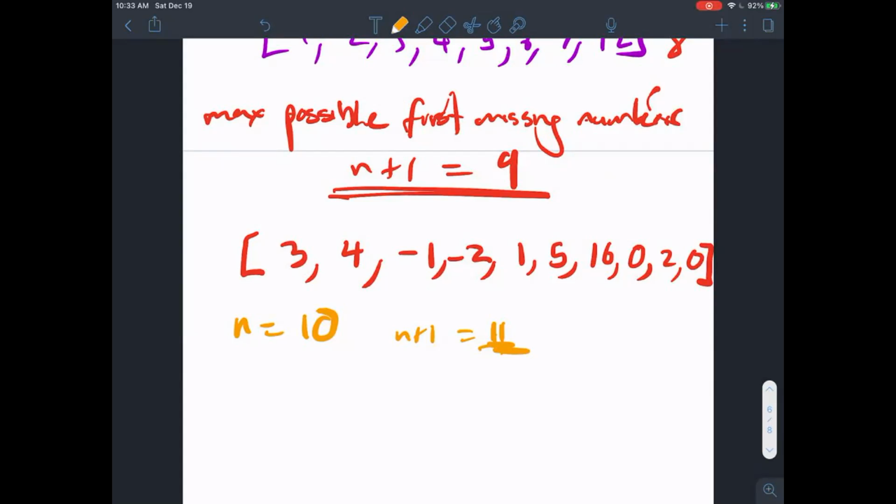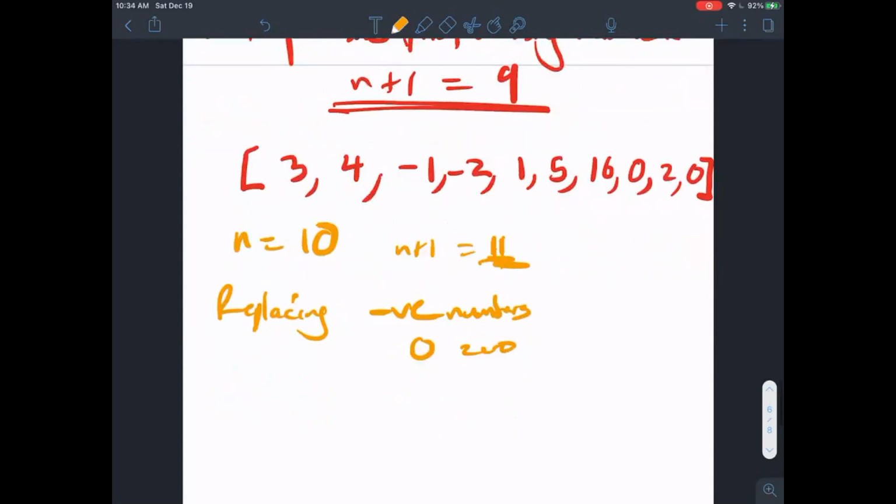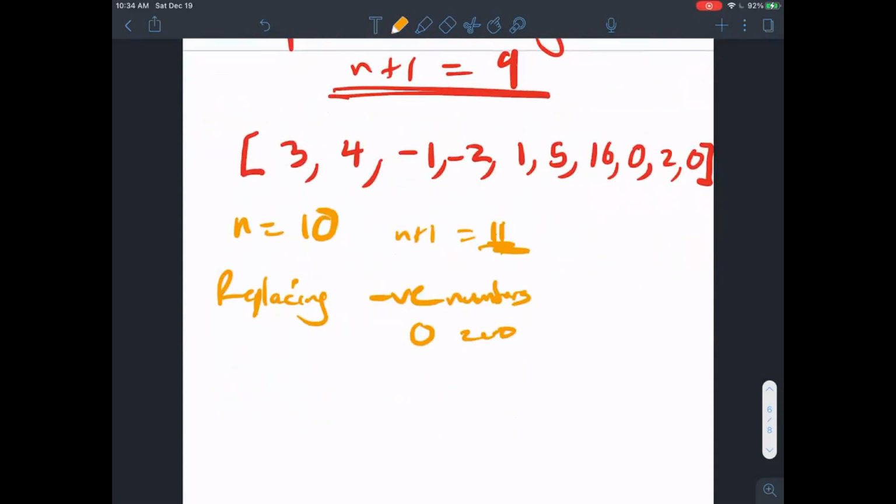Okay, so now let's try to clean up our list by replacing negative numbers, and also replacing 0, and also numbers greater than n.